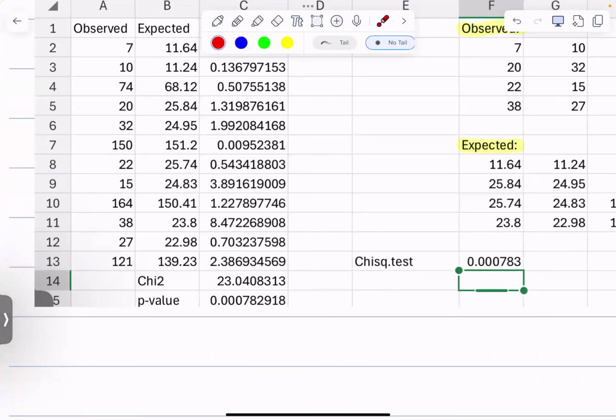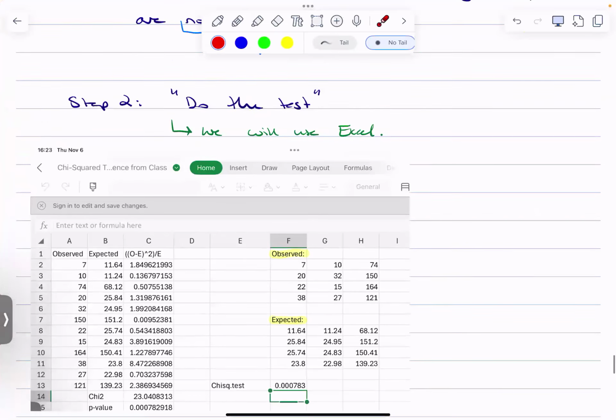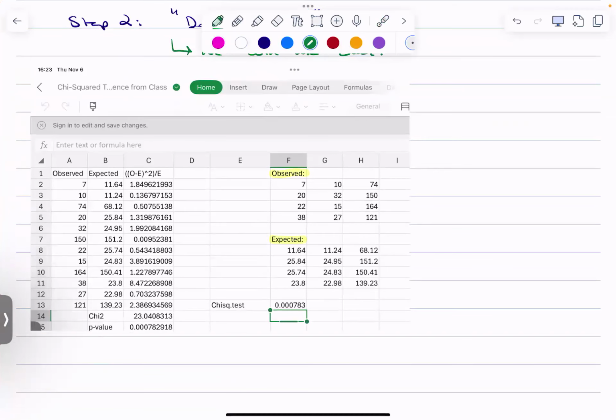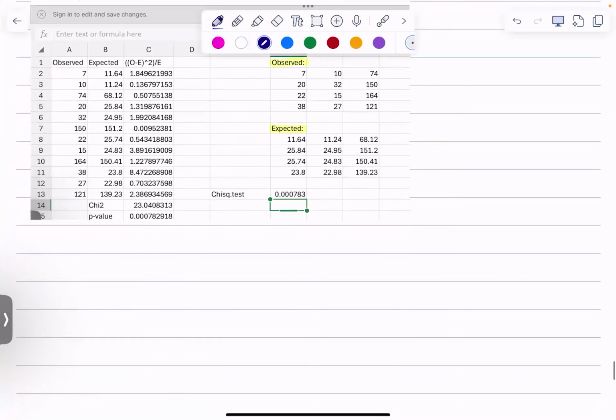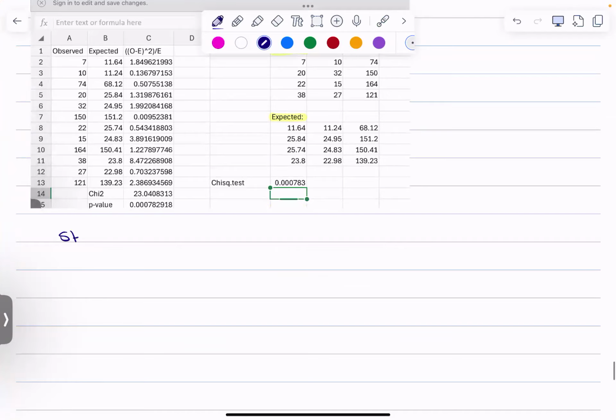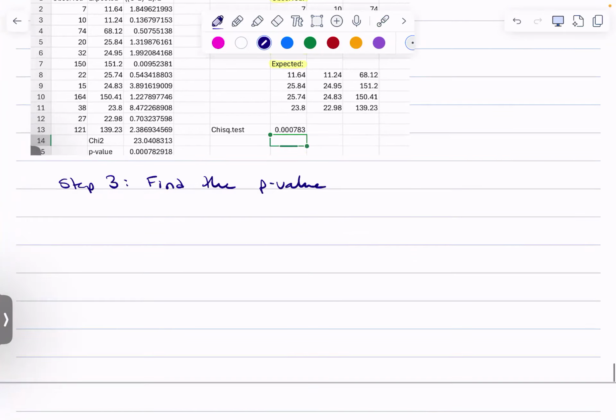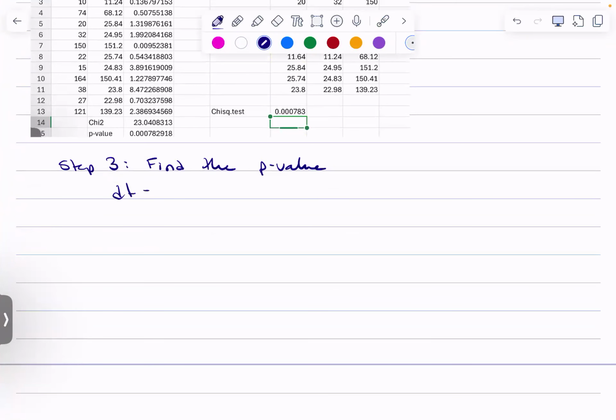And since we're using software, we can do that. Sorry, the degrees of freedom is in step 3, find the p-value. The degrees of freedom is the number of rows minus 1 times the number of columns minus 1.